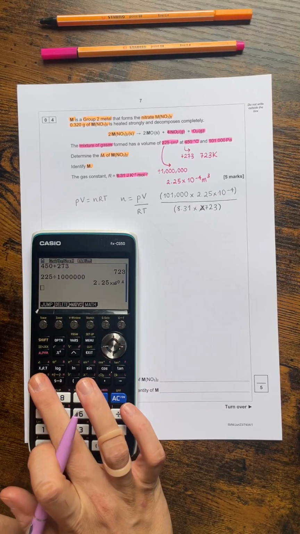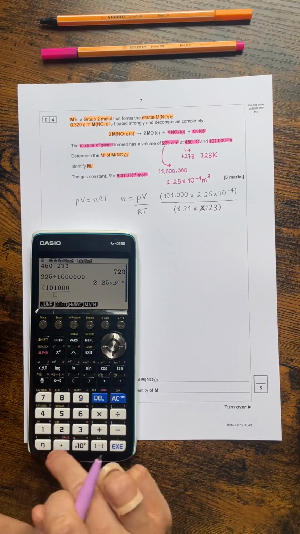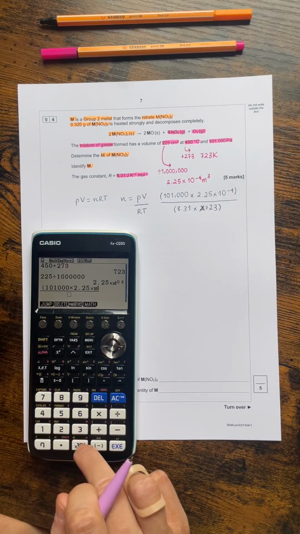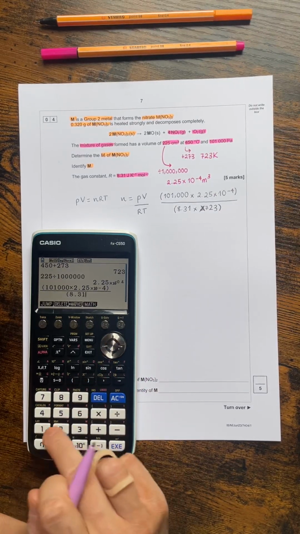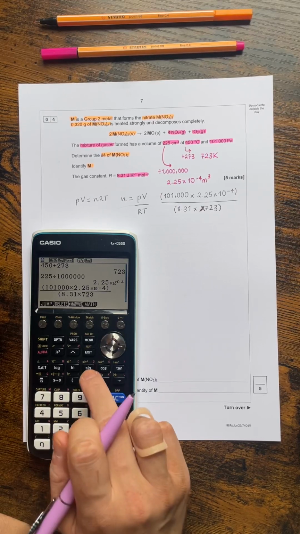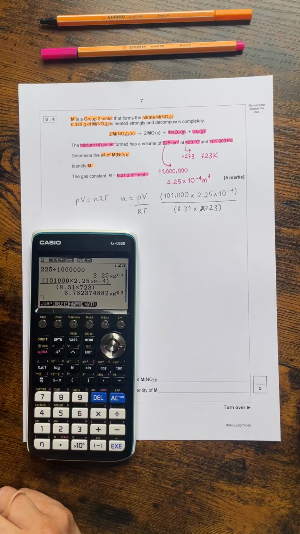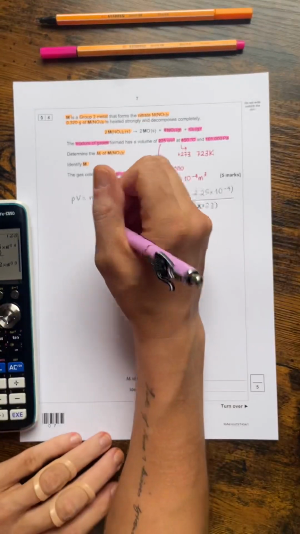Now we can do this all in one go on the calculator. If we were to press our fraction button, and then we can have a bracket for the calculation on the top, and then a bracket for the calculation on the bottom. And that gives me my number of moles, so 3.78 times 10 to the minus 3.